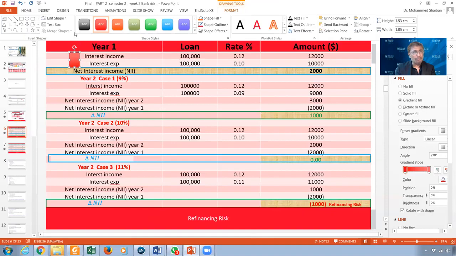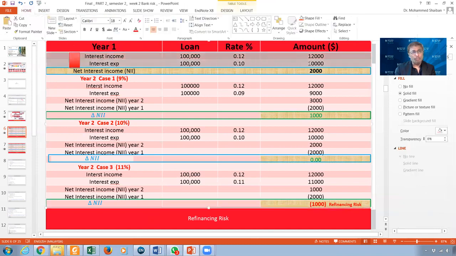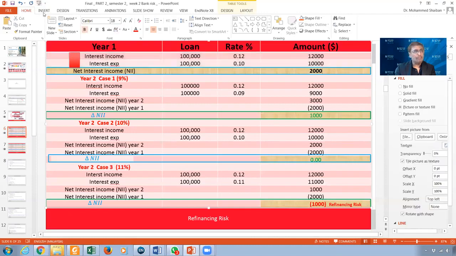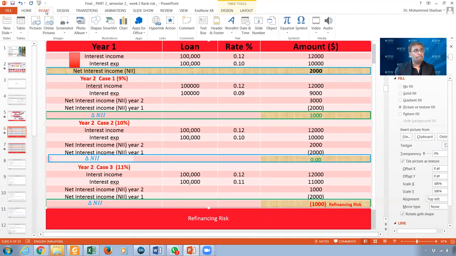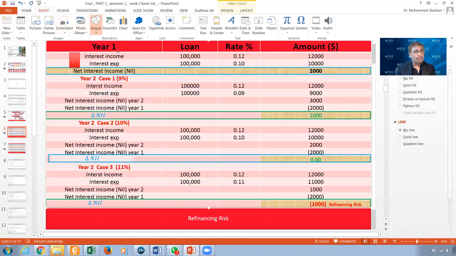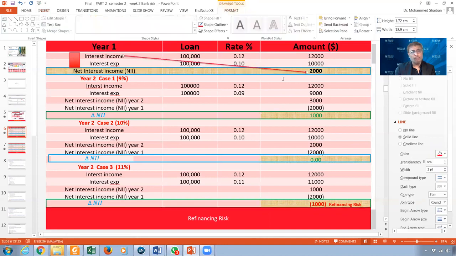All of this is the same. 1 million, 100 million, 100 million. This is for year one, no problem. Which means in year one, as you can see, I get 2 million, and I'm happy with that.